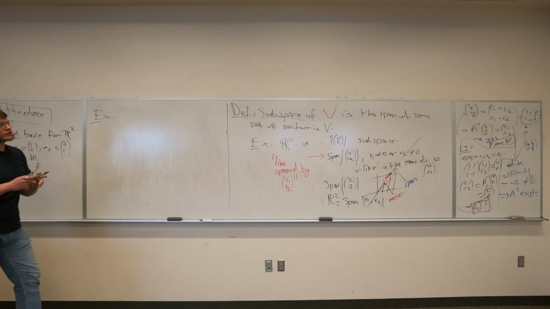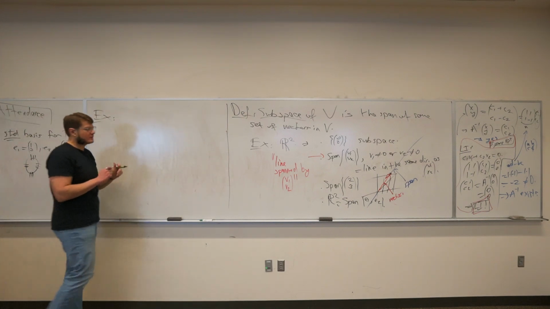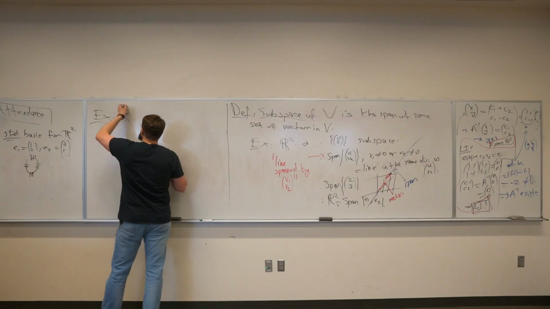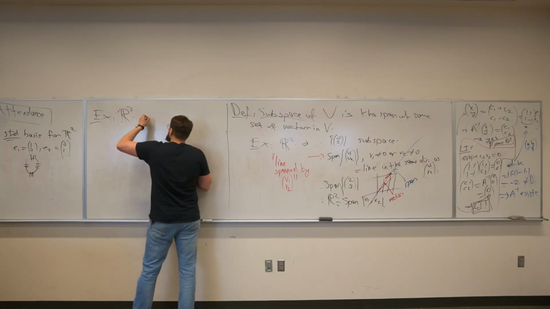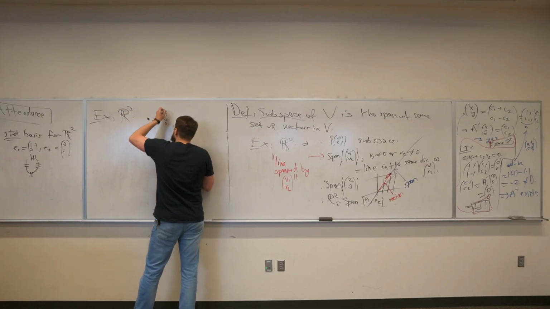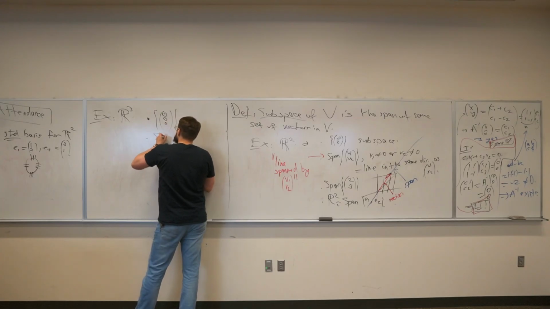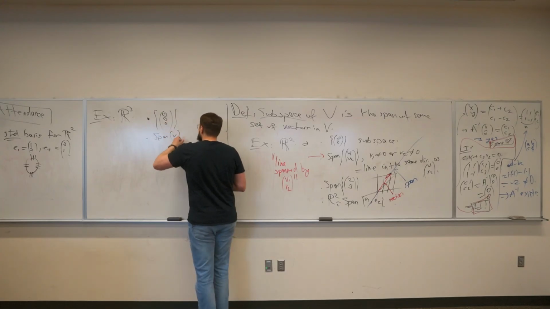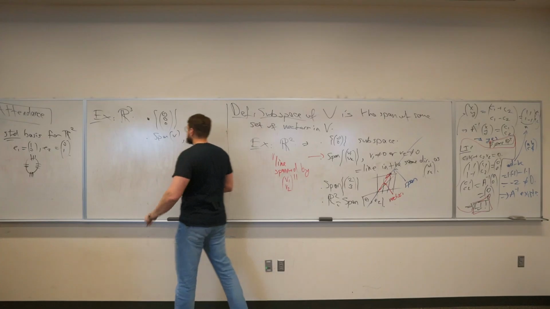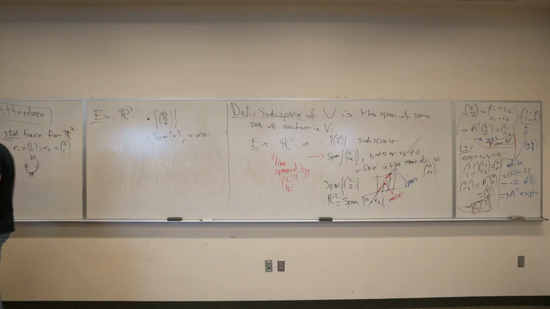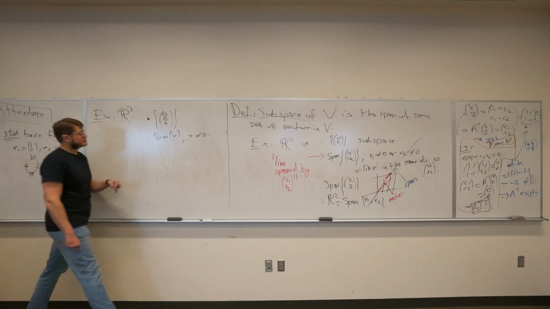Well, let's first talk about arbitrary subspaces of R3. Again, it could be just a zero vector, or it could be the span of one non-zero vector v. These would be just lines in 3 dimensions. They could be planes passing through the origin.